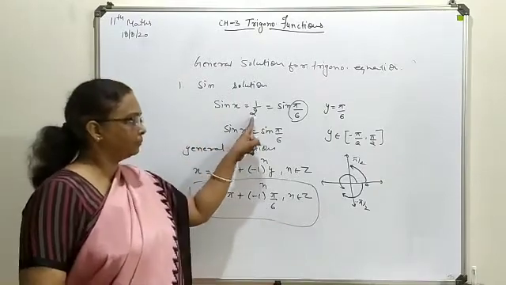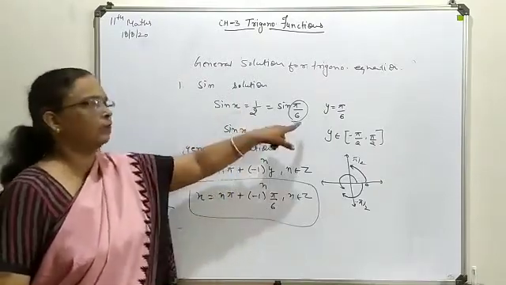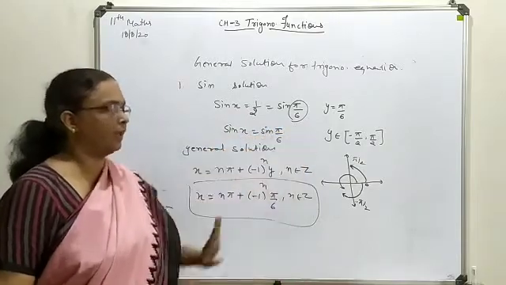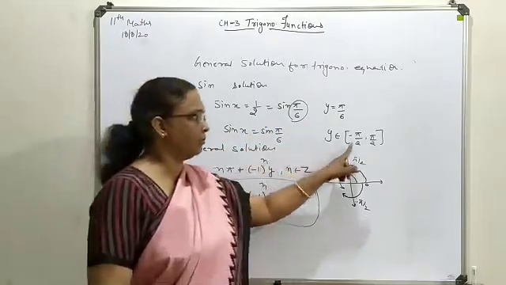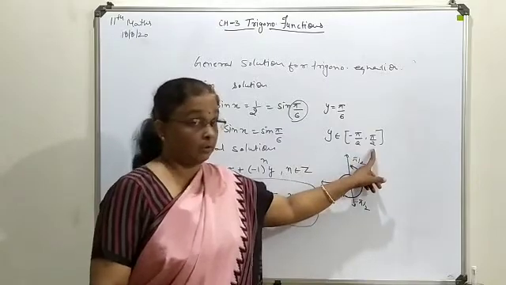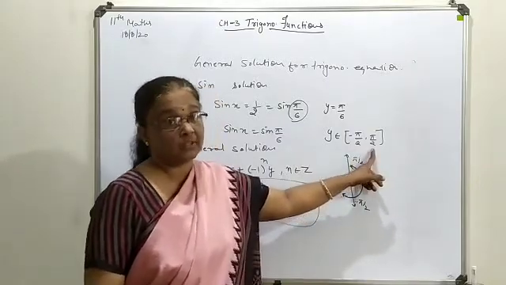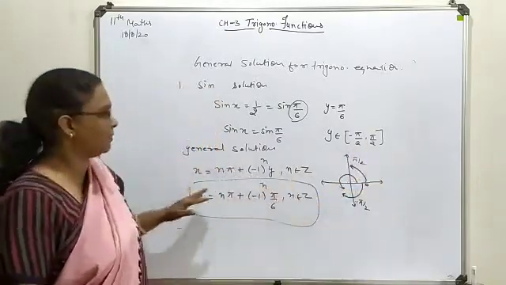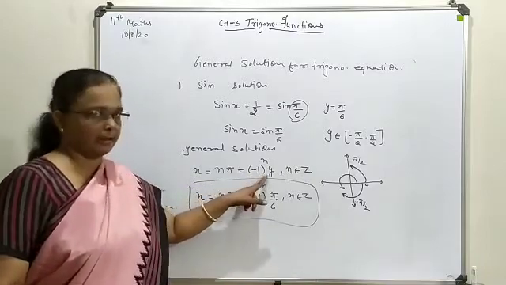So first of all, convert your fractional value into an angle, which will be considered as y, and it is compulsory that y should lie in this closed interval minus pi by 2 to plus pi by 2, and then substitute that y in this relation.